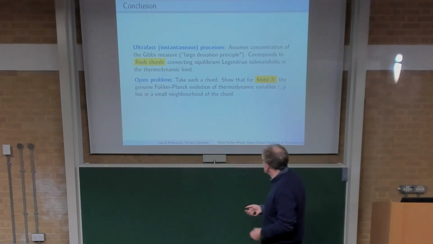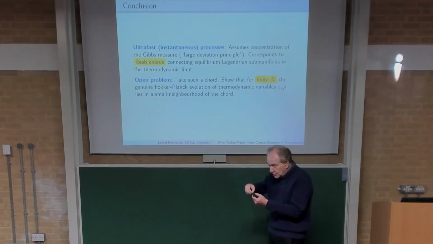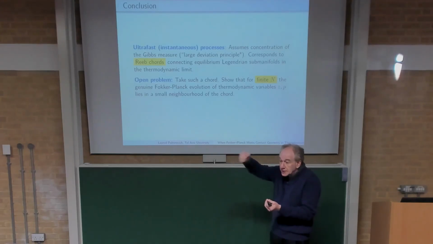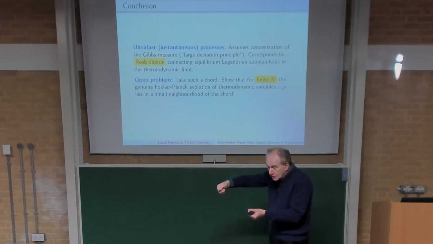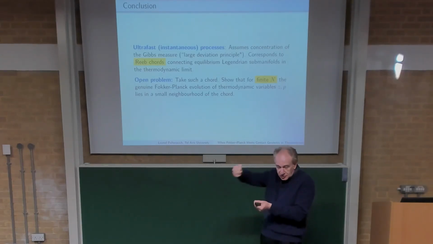We want to show that for finite n, the genuine Fokker-Planck evolution of the thermodynamic variables z and p lies in a small neighborhood of this chord. So somehow we want to show that this chord, which is obtained by a somewhat scholastic process, passing to the thermodynamic limit and then finding the chord, actually corresponds to a genuine solution of the Fokker-Planck equation for finite n.